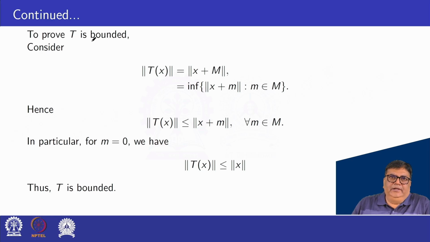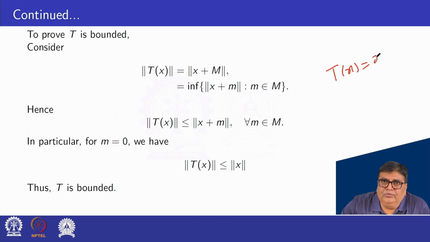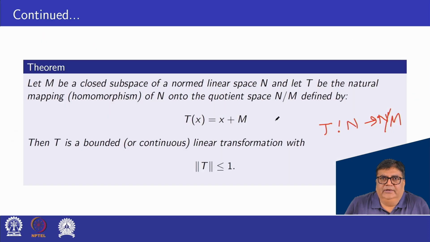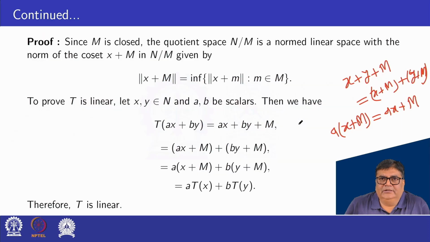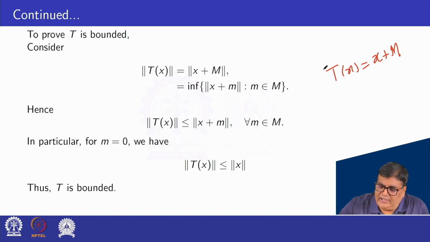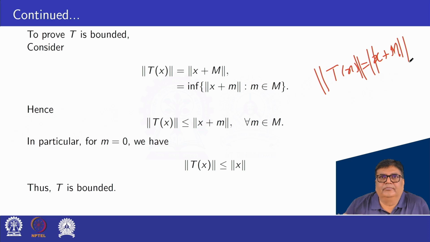Now, prove T is bounded. Consider norm Tx is equal to norm x plus M because Tx is equal to x plus M. Okay, already in the statement Tx is equal to x plus M, taking the norm both sides.